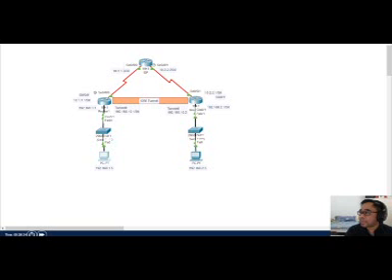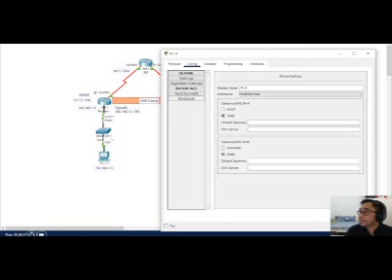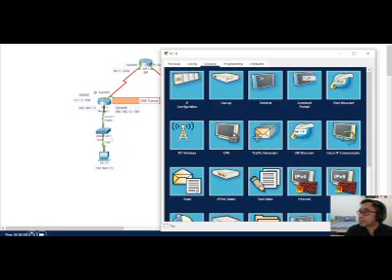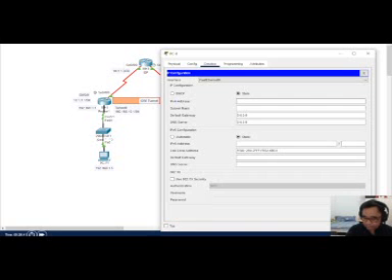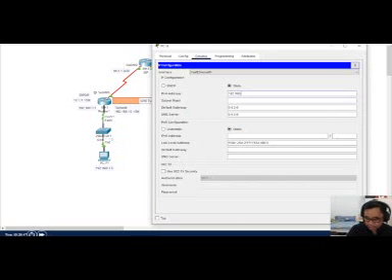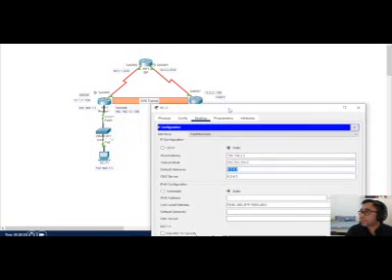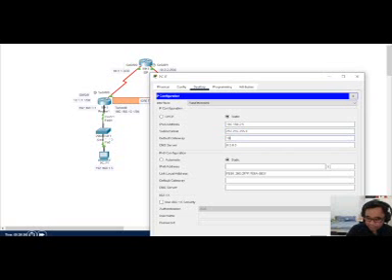Okay, let's configure this one: 192.168.2.5, subnet mask, default gateway 192.168.2.1.